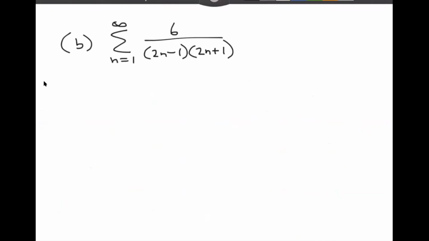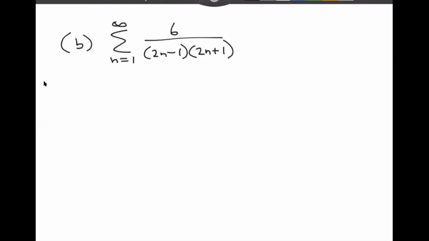All right, next example. The other indication that you might be looking at a telescoping series is when you get something that looks like a partial fraction problem if it was an integration problem.